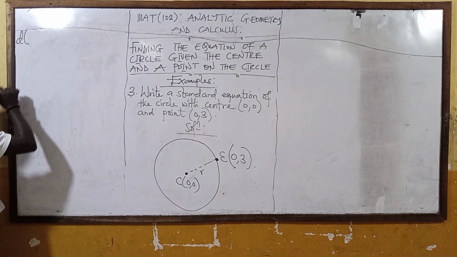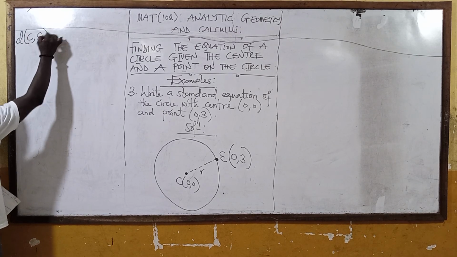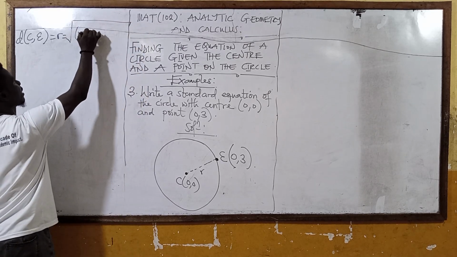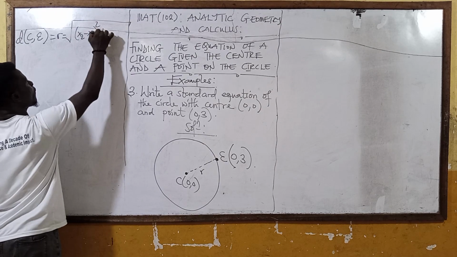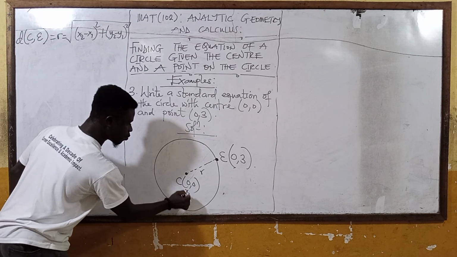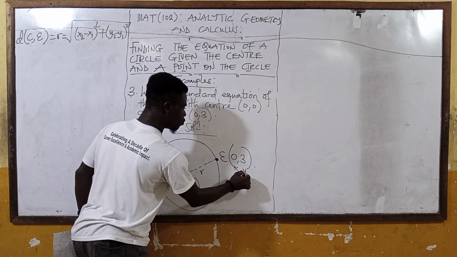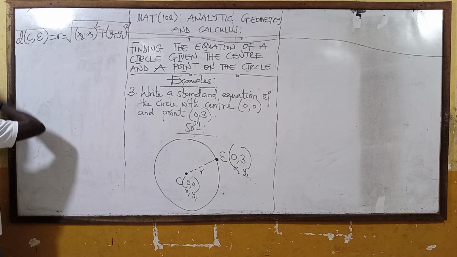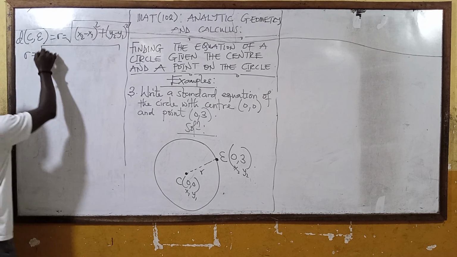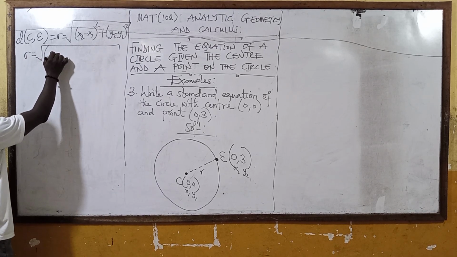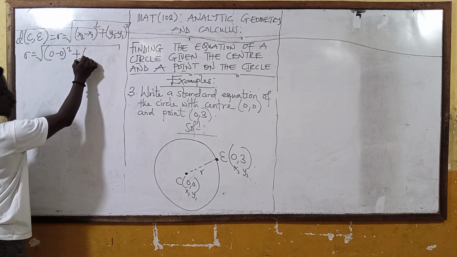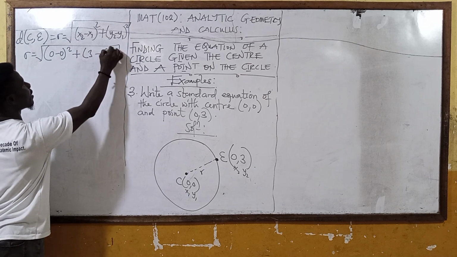Our distance from C to epsilon must be equal to the radius, which is the square root of x2 minus x1 all squared plus y2 minus y1 all squared. So I have my x1, y1, then x2, y2. So the distance from C to epsilon is the same thing as the radius, which is x2, which is my 0, minus x1, which is 0, squared, plus y2, which is 3, minus y1, 0, squared.